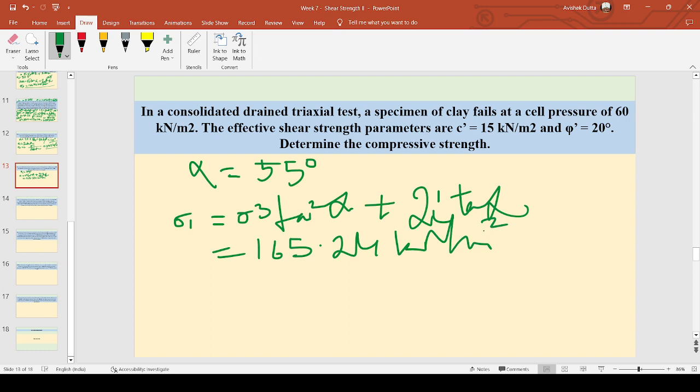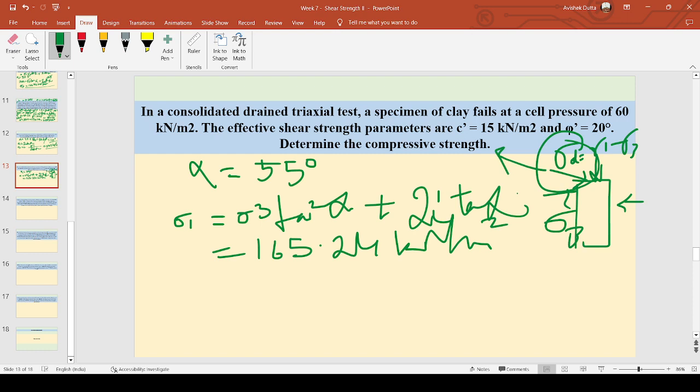Now we have to find out the compressive strength. If this is the sample, and this is the stress given from the top, and the overall stress is sigma 3, then the deviatoric stress sigma d equals sigma 1 minus sigma 3, at which it fails, becomes the compressive strength. So the deviatoric stress at failure is the compressive strength of the soil sample.